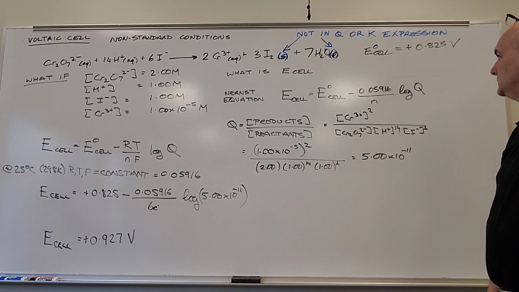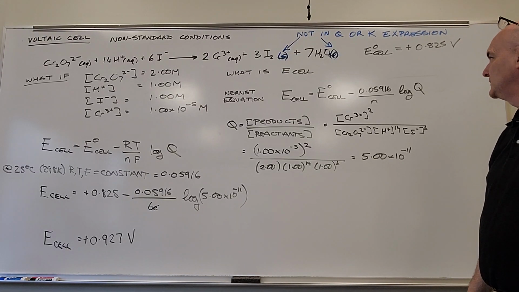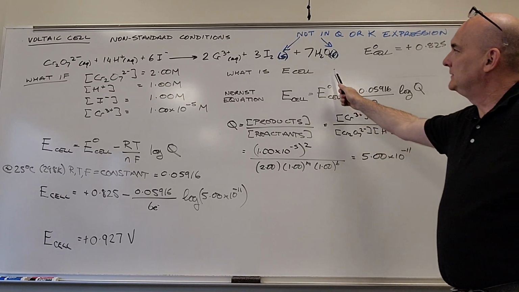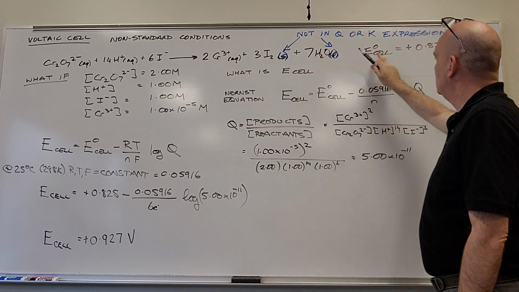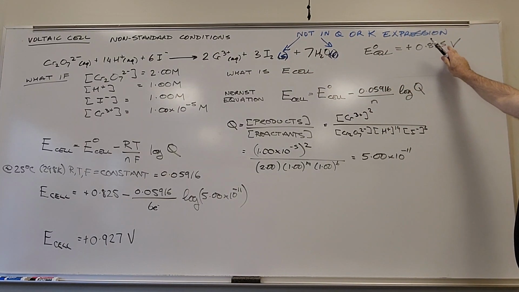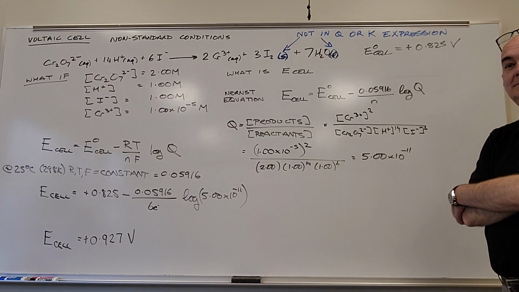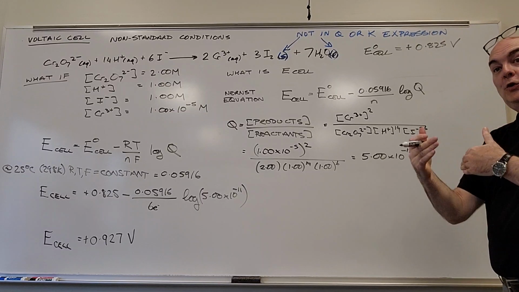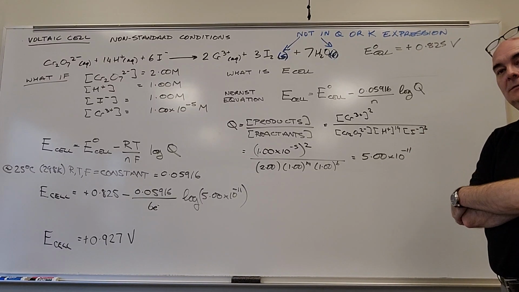You can also do this question backwards. That reaction gives me a cell potential of 0.825 volts, but I really want 1 volt. Can I move Q enough to give me a volt?